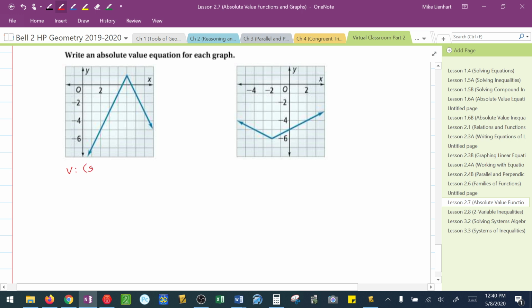So the vertex is at 5, 1. I'm going to start with my parent, y equals the absolute of x. First thing I'm going to do is represent, how do you go right 5? Well, that would be x minus 5 inside. How do we go up 1? That's a plus 1 on the outside.